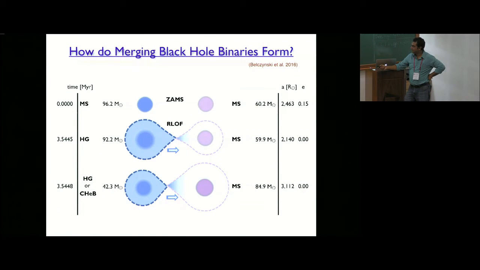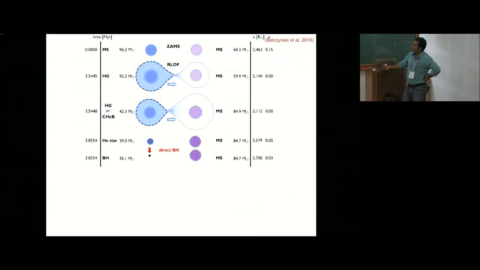So it has lost or transferred enough mass to this main sequence star. Now it is a low mass star, then this one, and the orbit expands. And then this becomes a helium star. So all this hydrogen envelope either gets dumped onto this main sequence star or gets ejected.